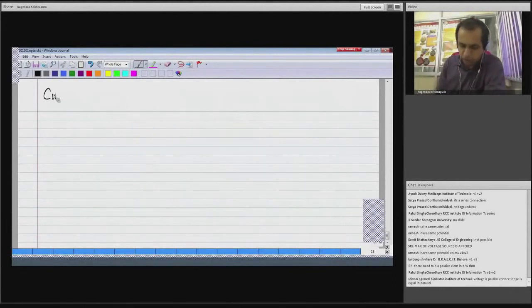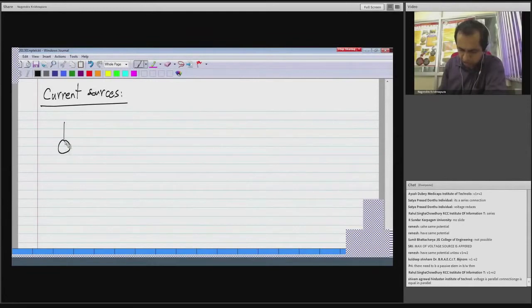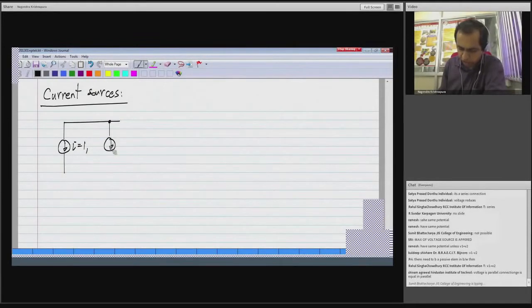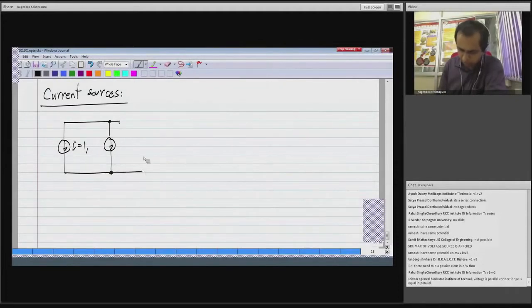Now we can look at current sources in a similar way. Let's say I have a current source I1 and another current source I2 in parallel, that is, both terminals are common to the two elements.